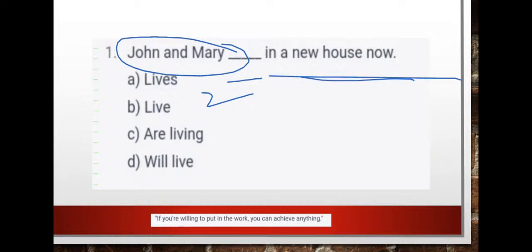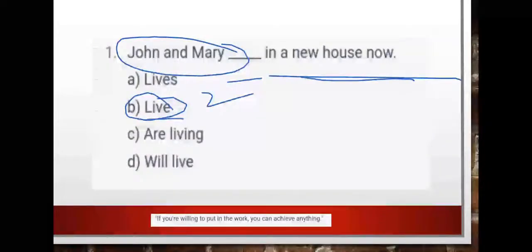Live could be a better solution right here to talk about the thing that they have just routined or scheduled, the schedule to live in a new house. But you can also say that John and Mary are living in a new house. This could also be correct, but this is the answer that I suggest.